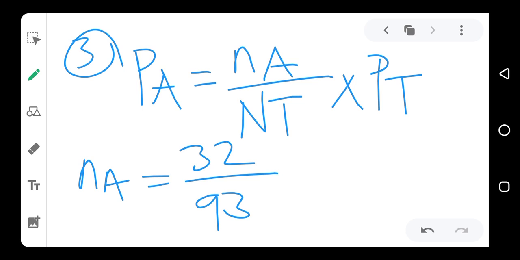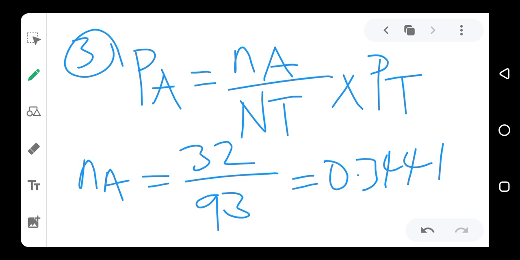So we say 32 divided by 93, that will give us 0.3441. This is the number of moles of gas A. The number of moles is not given directly. We have to use the molar mass and the mass of the gas given to us to find the number of moles. So we've gotten Na.